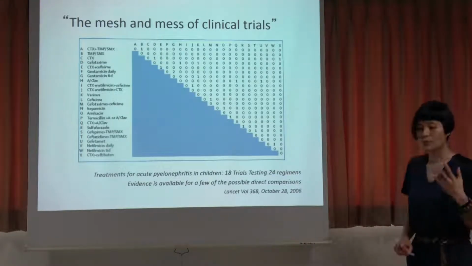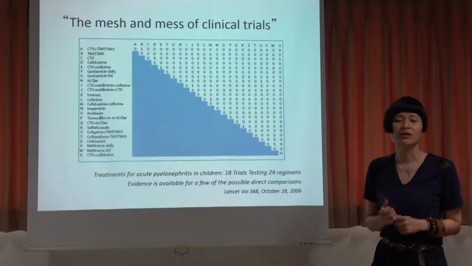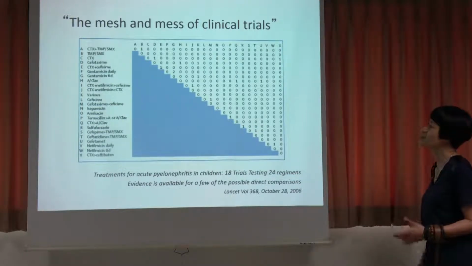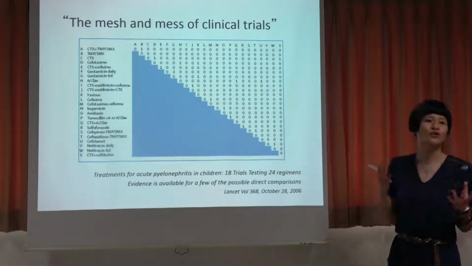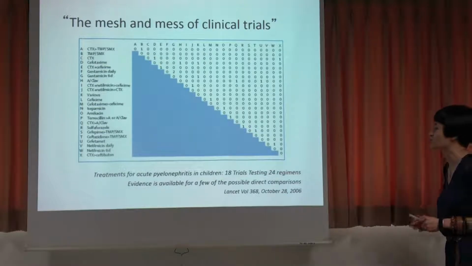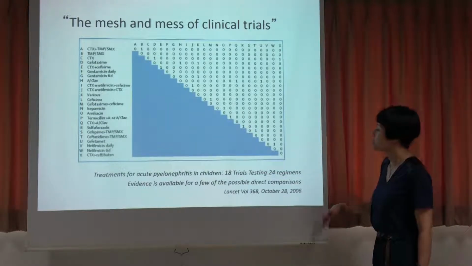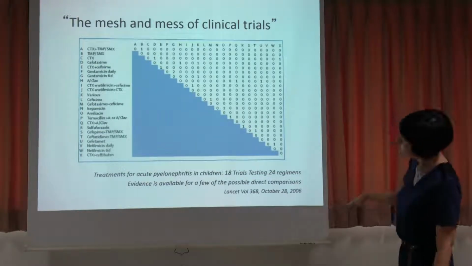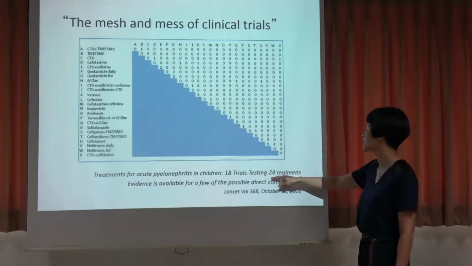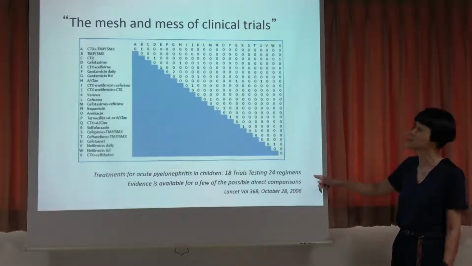Now, so why are we talking about network meta-analysis today? This is a really nice paper, and I've been saying to you, in HTA often we don't just get two options, we get more than two. And this is a good paper demonstrating that. It's a treatment for acute pyelonephritis in children. There are 18 trials testing 24 different regimens.